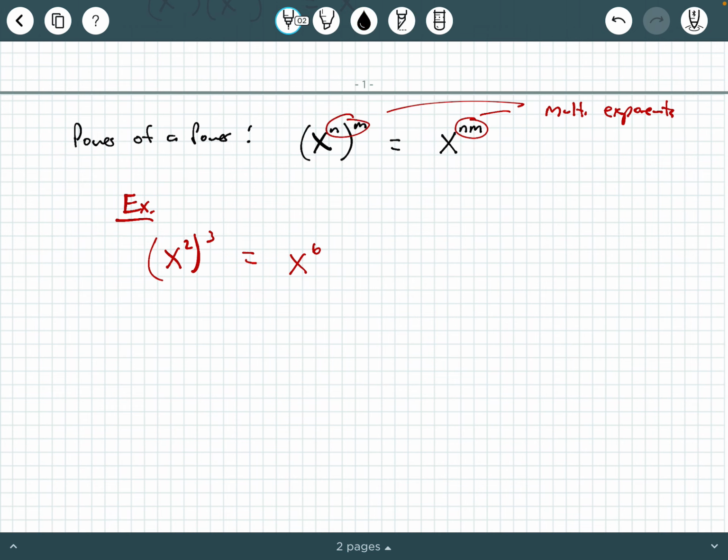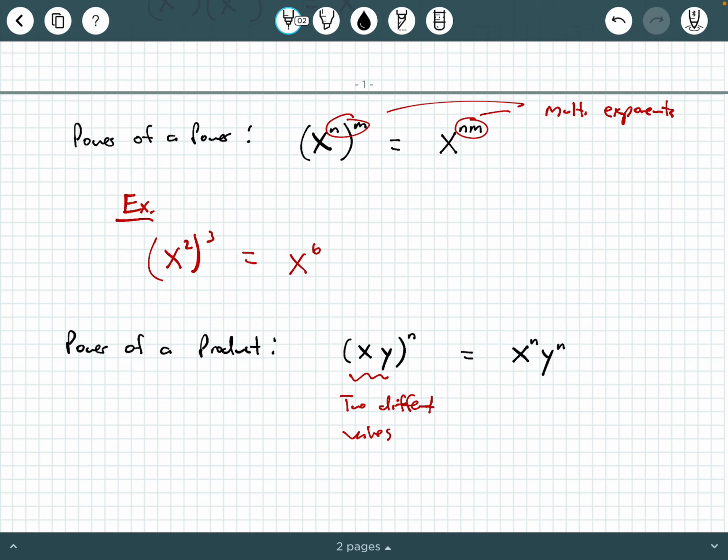The next property we have is called power of a product. So for this property, we have 2 different bases multiplied together, but they're raised to the same power. So here we notice that we have 2 different values, okay? So when you expand this, we get x to the n times y also to the n power.